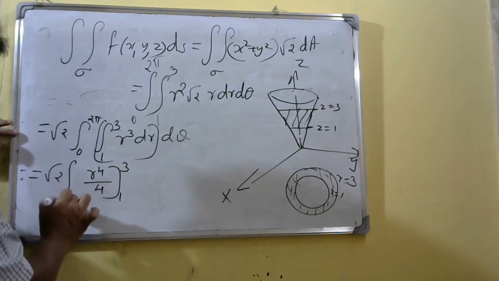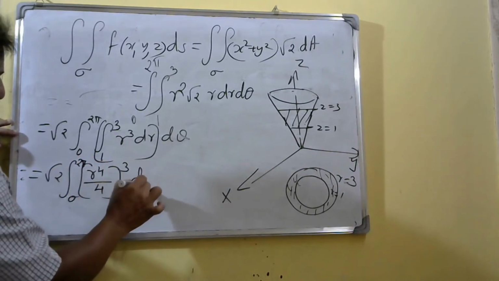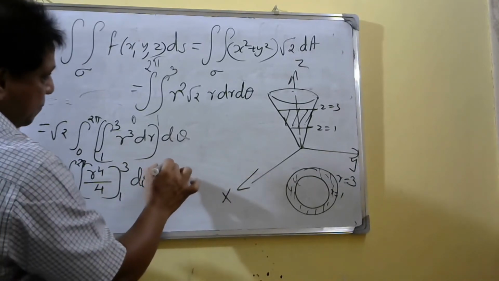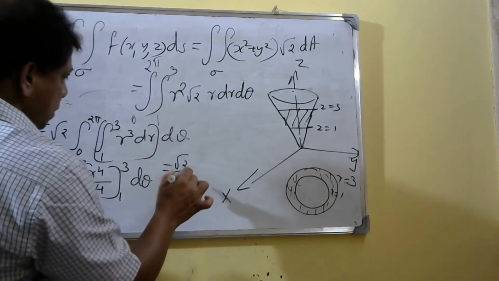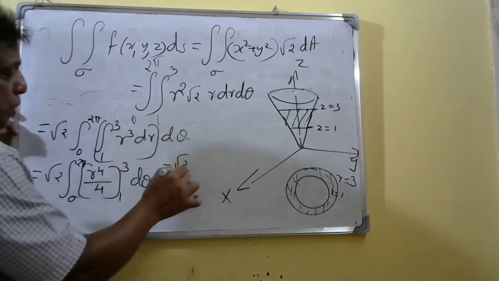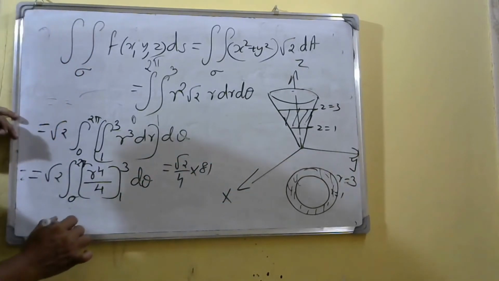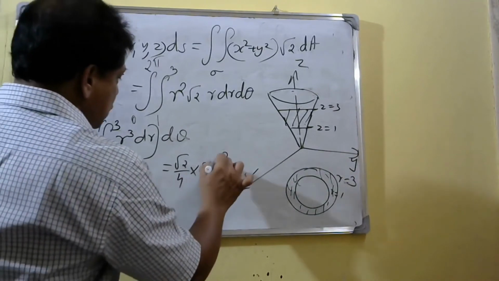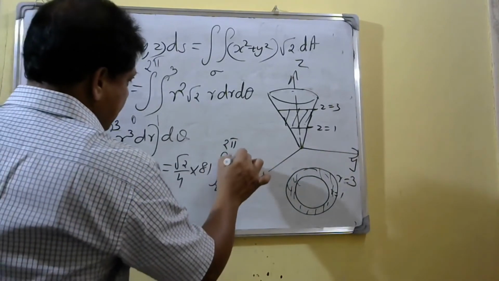Then root 2 by 4 into 3 raised to 4, which is 81, and then integral 0 to 2 pi d theta.